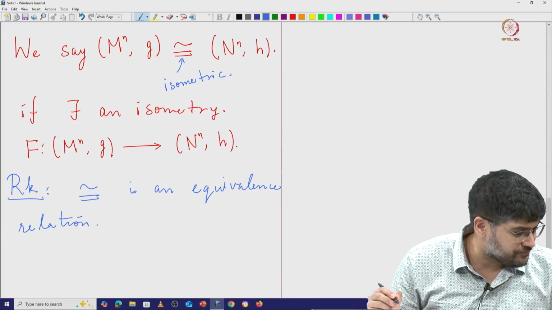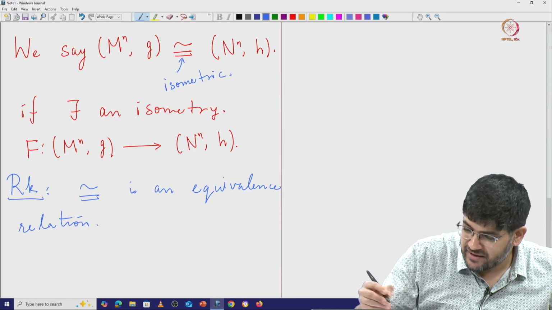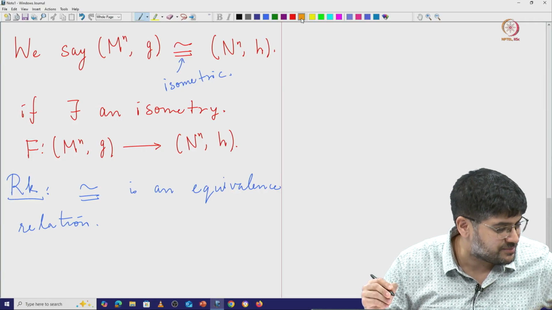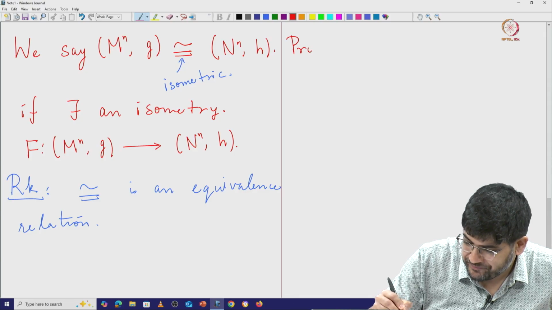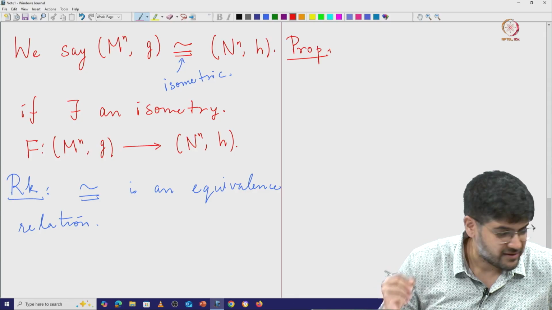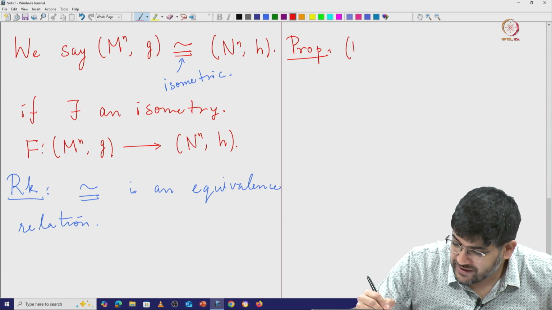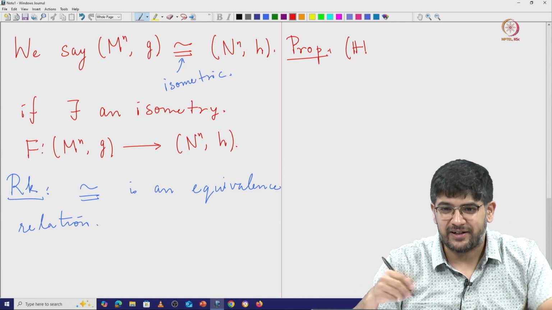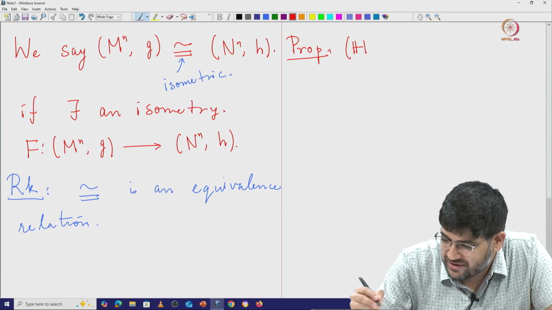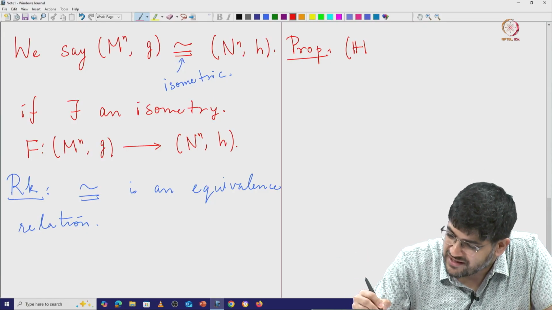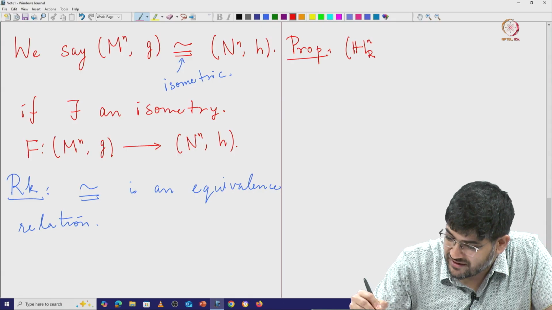Alright, so then we have the following proposition. That all these three manifolds that I wrote down at the start of today's lecture and that I described at the end of the previous lecture, they are all isometric.